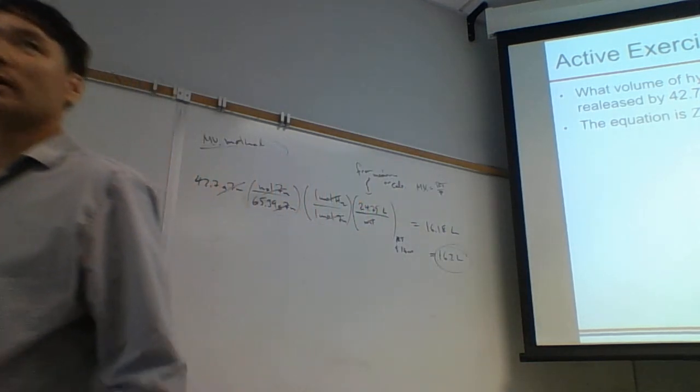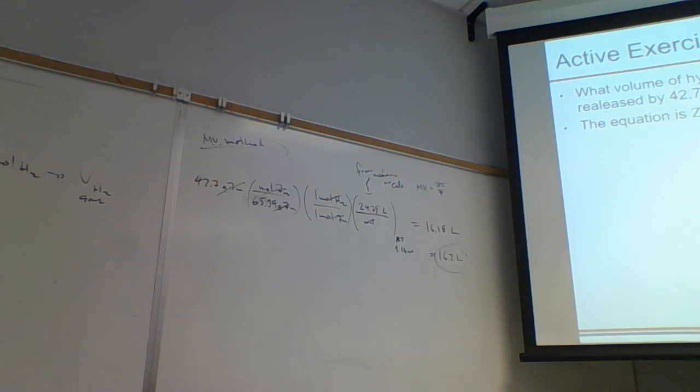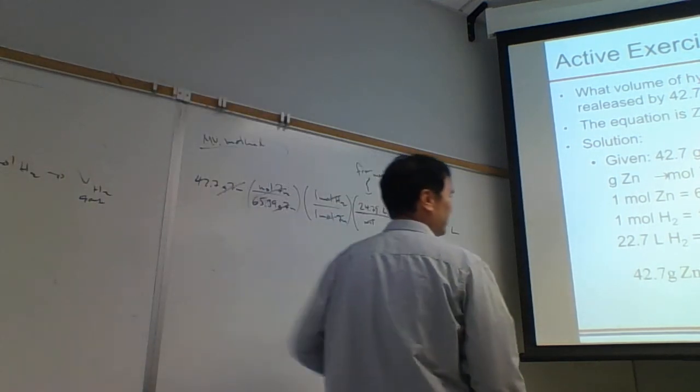All right, what happens if I cool that 16.2 liters down from room temperature to 0 degrees C? It's going to shrink. So what they did was they did the calculation at 0 degrees C. So let's see what they got for the volume. You see, what did they memorize? They memorized a different number.